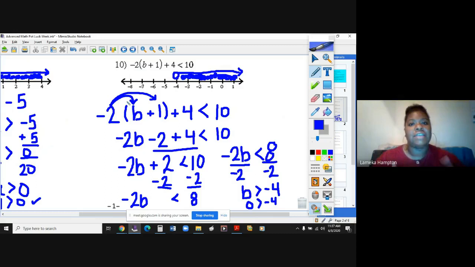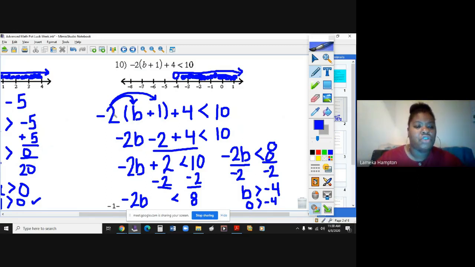And I recognize immediately that I have the distributive property. Remember, the distributive property is when you multiply the number on the outside of the parentheses by whatever terms or numbers are inside the parentheses.